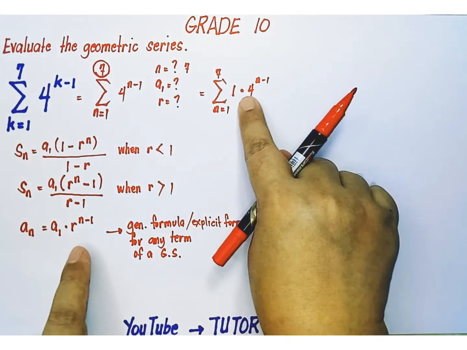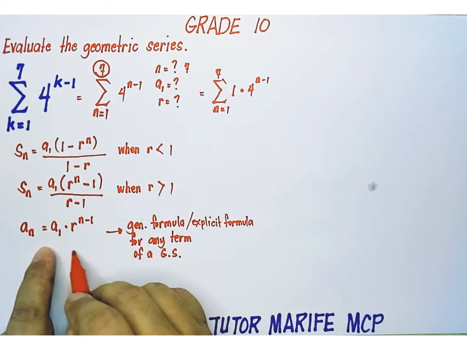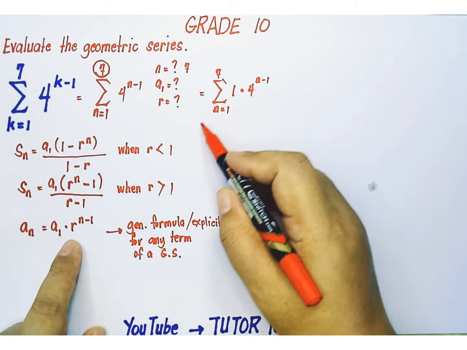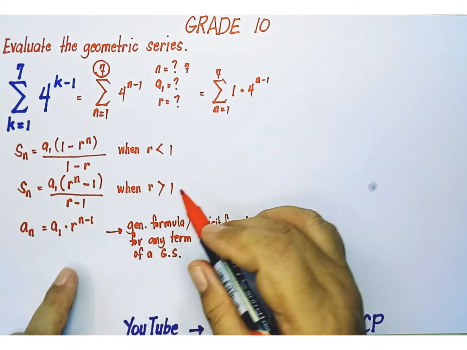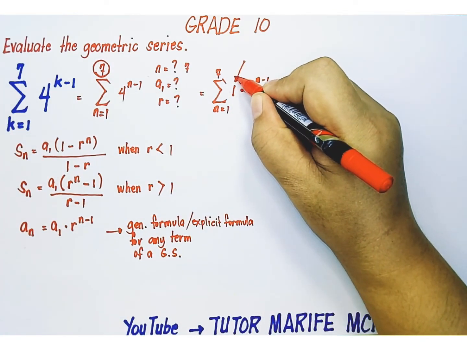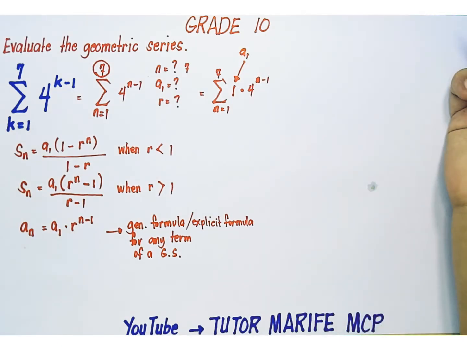Tignan ninyo, ang 1 times 4 raised to n minus 1 at ang general formula for any term of a geometric sequence, magkapareho na sila ng format. Therefore, pwede na nating ma-determine ang a sub 1. Your a sub 1 is actually 1.